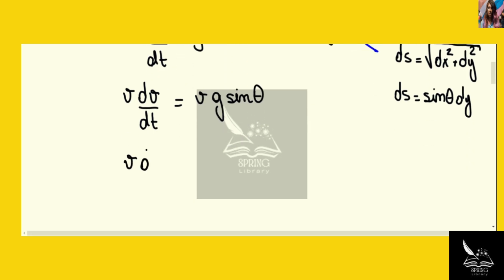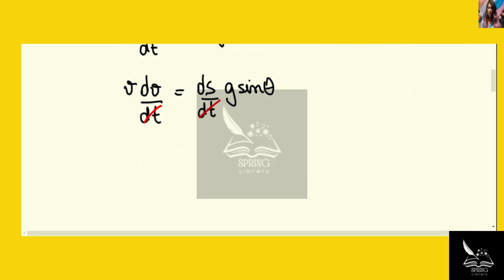So we have v times dv/dt is equal to v, which as I said is ds/dt, times g sine of theta. The dt's cancel out, so we obtain v dv is equal to g times sine of theta ds. Now notice that, as I said before, sine of theta ds is equal to dy.